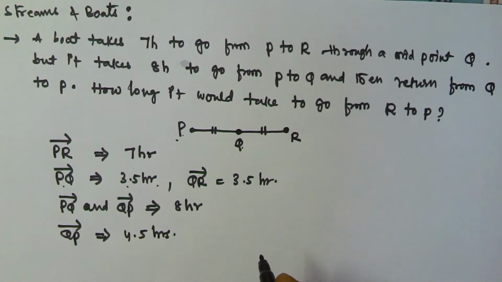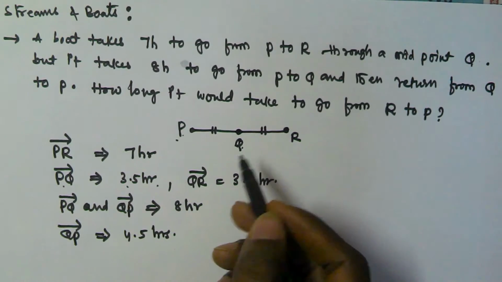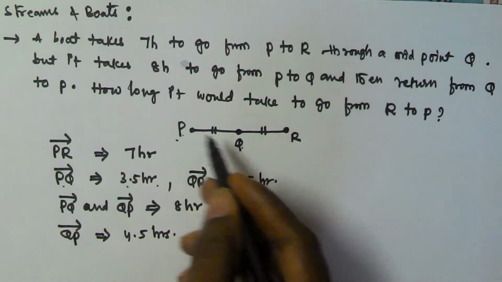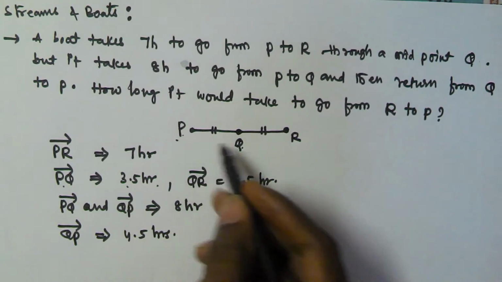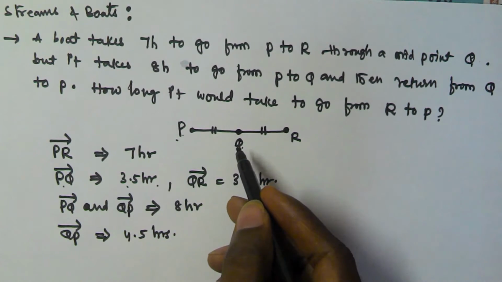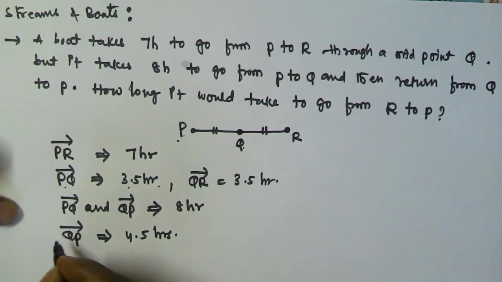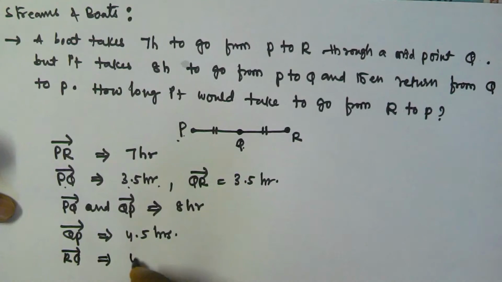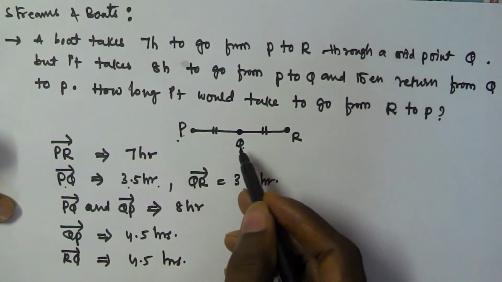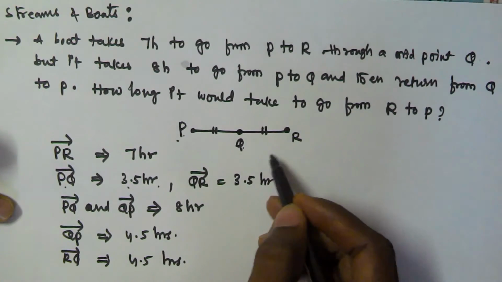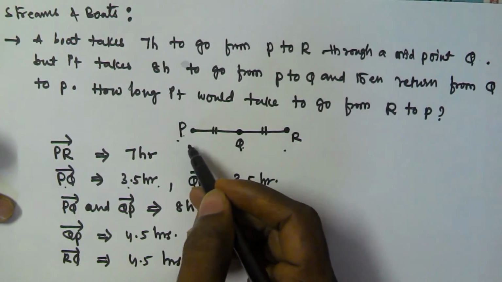So now we have to find R to Q. Obviously the distance is the same. Q to P is 4.5 hours and R to Q is also going to be 4.5 hours. So to move from R to P, it is going to be R to Q plus Q to P. R to Q takes 4.5 hours and Q to P takes 4.5 hours. So that is totally equal to 9 hours.